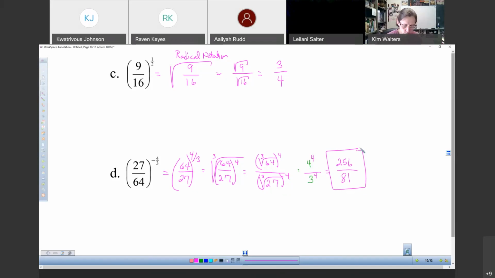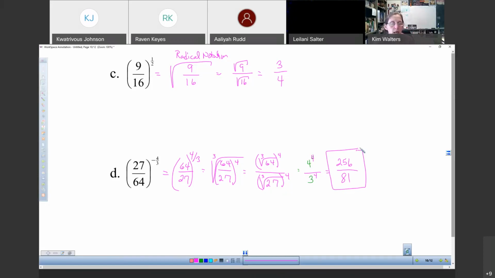Questions? Questions? That one was hard because you've got to flip it, and then you've got to do the cubed roots, and then you've got to raise them to the powers.